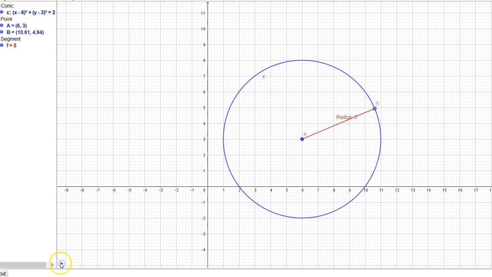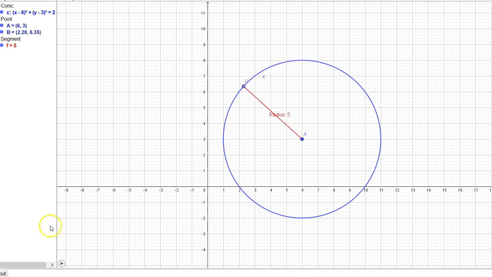Here the coordinates changed, the B value changed, and A is the same 6, 3. By using the distance formula, when you calculate, you will get the same length of 5. Anywhere you go, it continues to be the same.